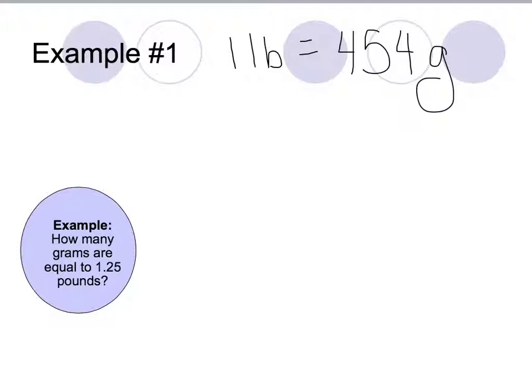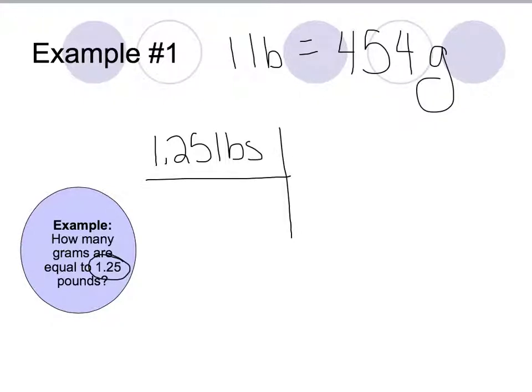What I do when I make a truth table or do dimensional analysis is I start with the number they give us. So they give us 1.25 pounds. And I'm going to write the abbreviation there. And I make a table, and it looks kind of like this. And here's my unit, pounds. I don't want pounds anymore.